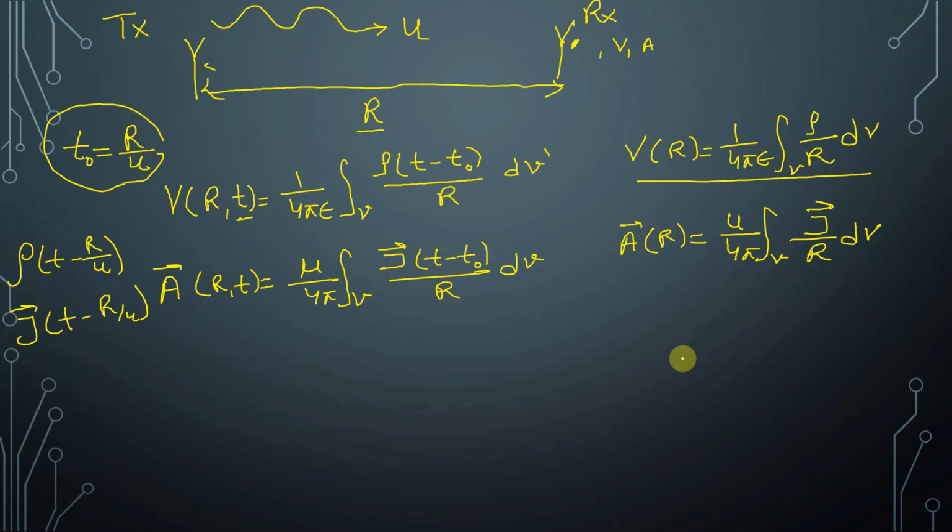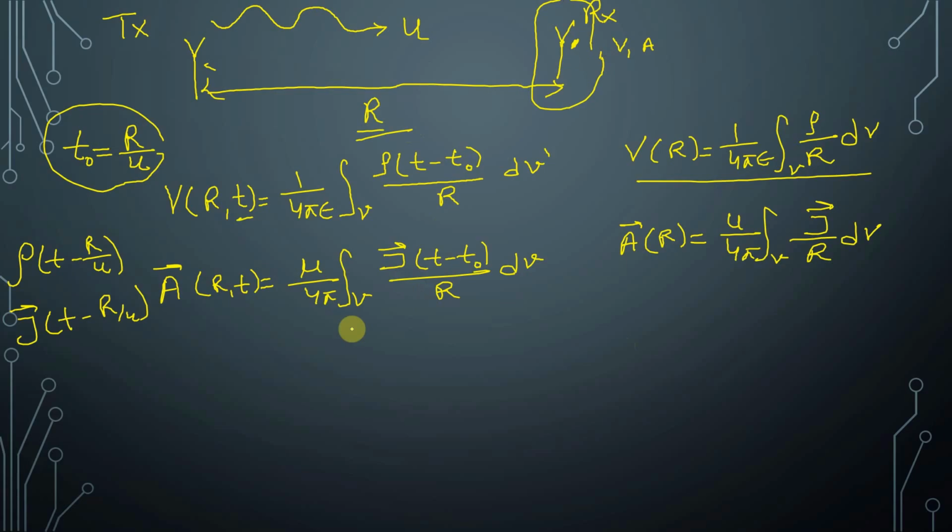Okay, so here this retarded potential is very important as far as electromagnetic wave travel is concerned. So here we have considered the time for the electromagnetic wave to travel and the effect of time varying charge and current at a distance r. Okay, what will be the effect here?